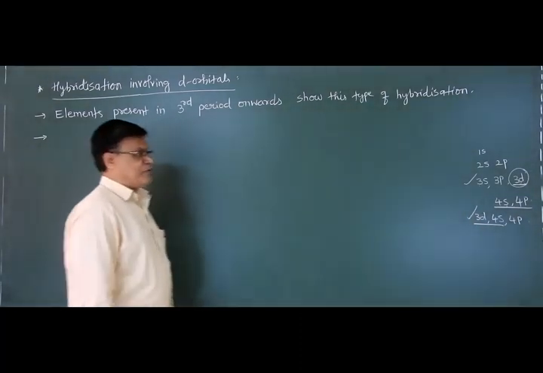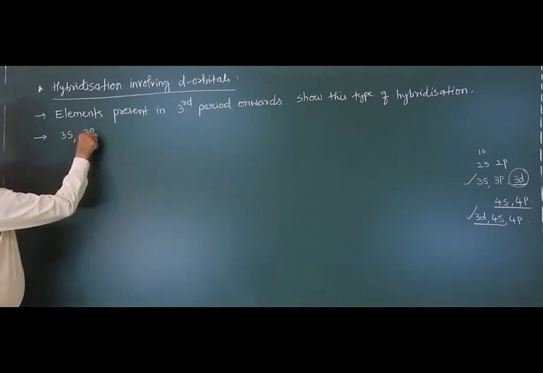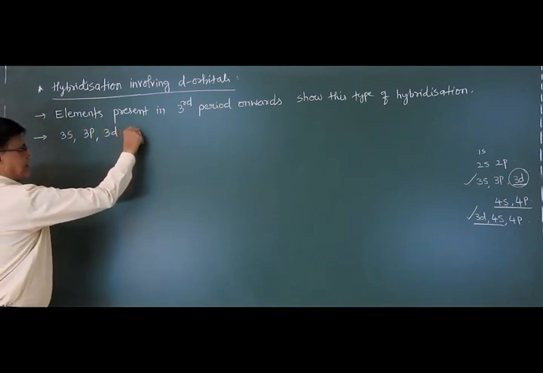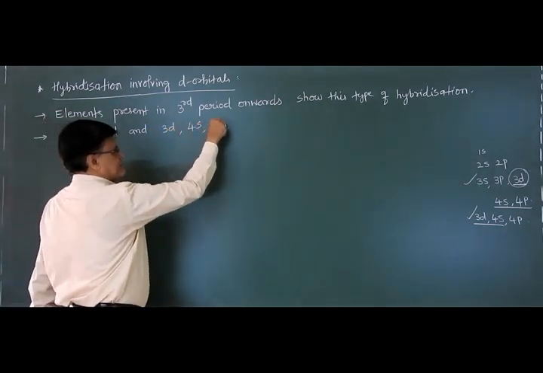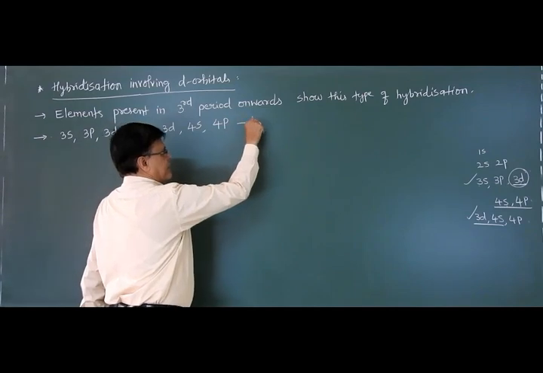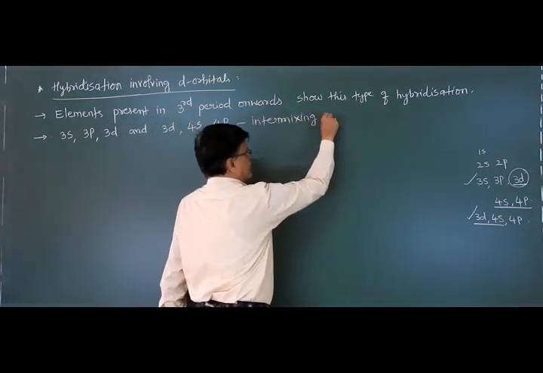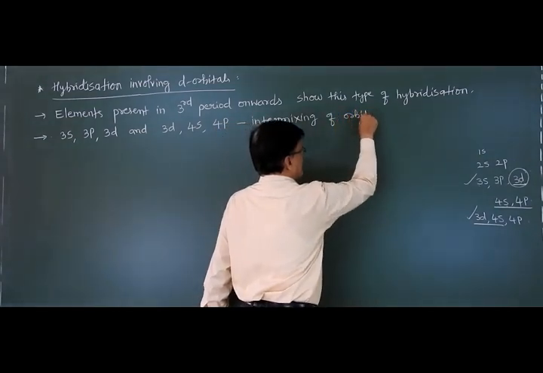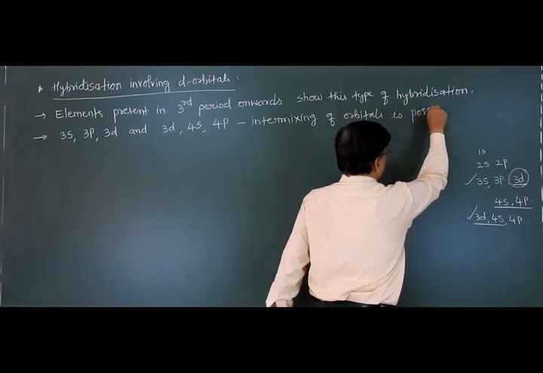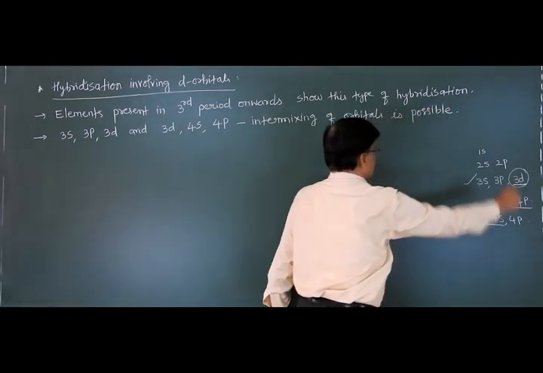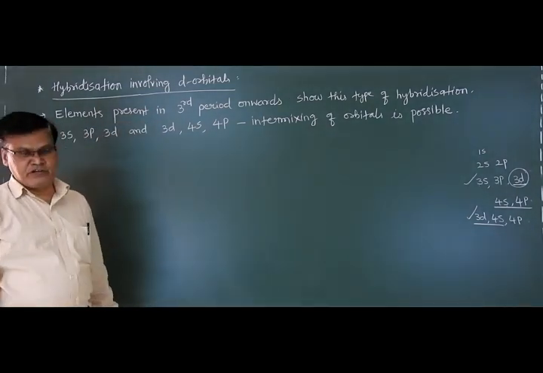Now I will write the second point here: 3s, 3p, 3d and 3d, 4s, 4p. Intermixing of orbitals is possible. Understood? Very important from your CET point of view also.